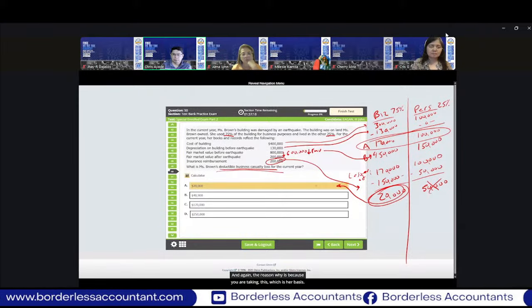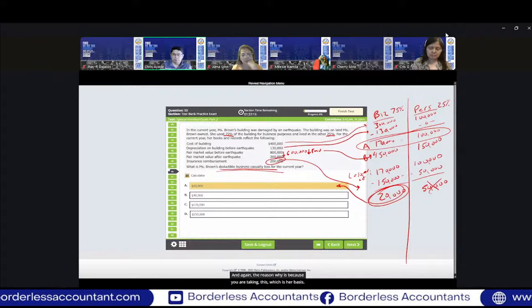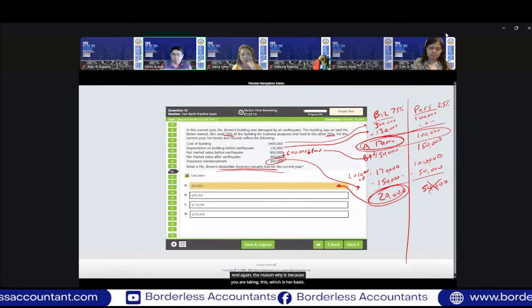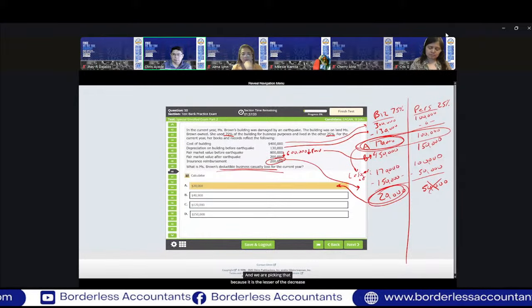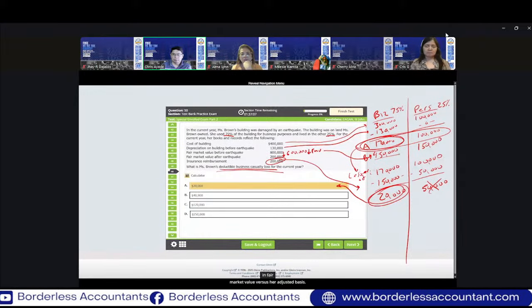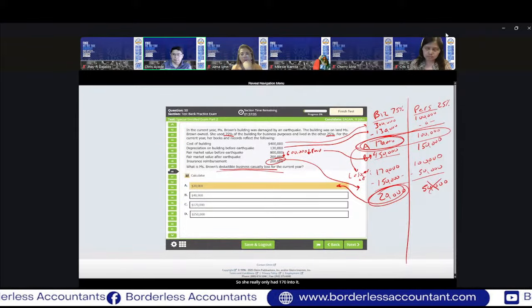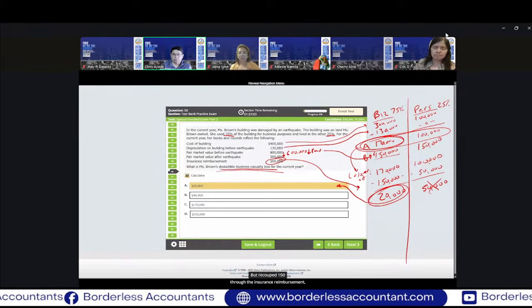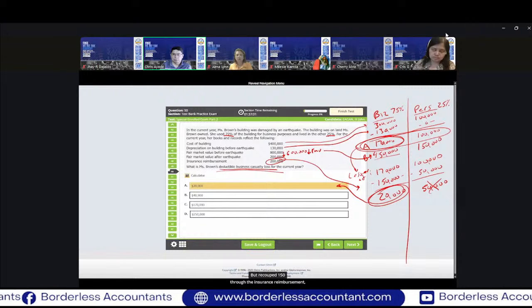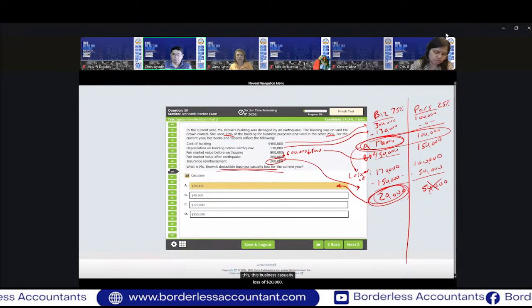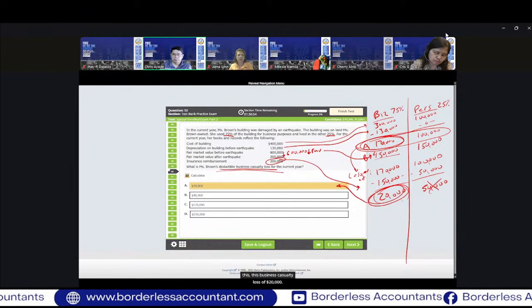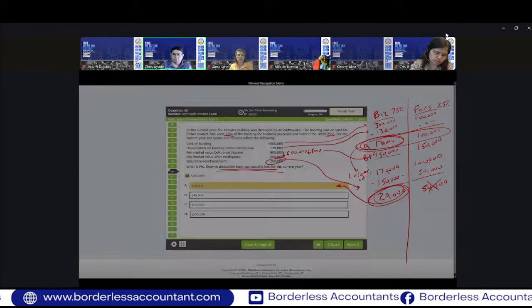And again, the reason why is because you are taking this, which is her basis, and we are picking that because it is the lesser of the decrease in fair market value versus her adjusted basis. So she really only had 170 into it, but recouped 150 through the insurance reimbursement, which is why she still has this business casualty loss of $20,000. Our answer is A.